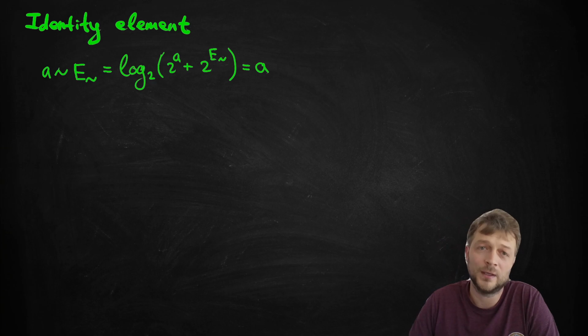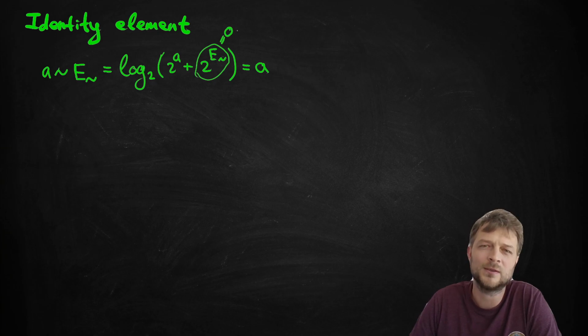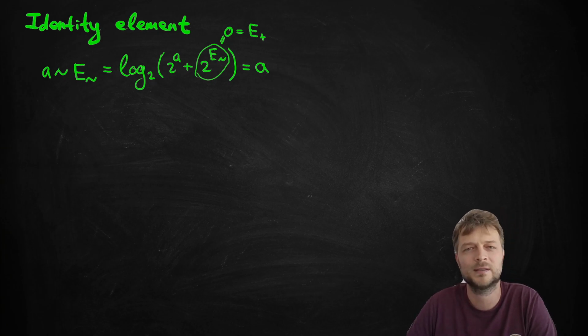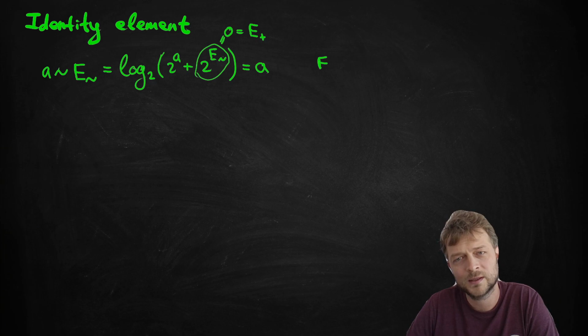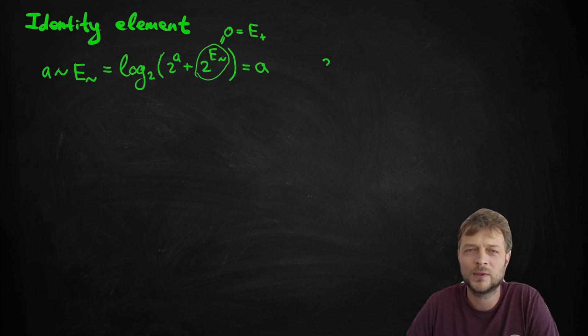In order for it to be equal to a, we need this term to be equal to 0, right? And 0, just recall, is the identity element for the operation plus. So let's put it down. We want 2 to the power e tilde equal to e plus.